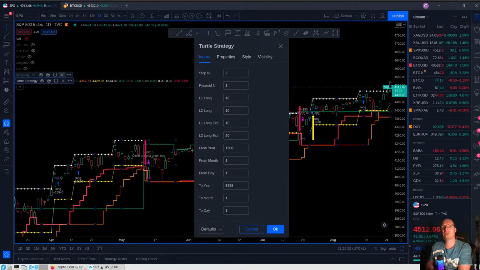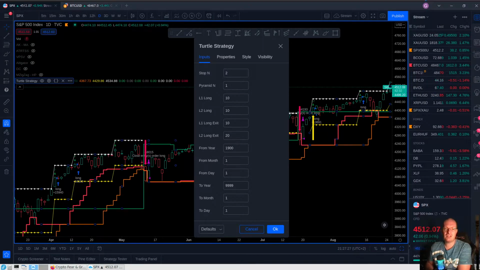So the setting here by default is 20, and then if they wanted to enter more, as soon as you close above the last high from the past 20 days, you enter long. And then if you want to add to your position, by default you look at the last 55 highs, or the high from the last 55 days.